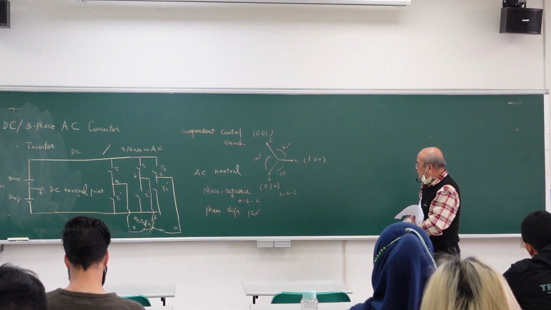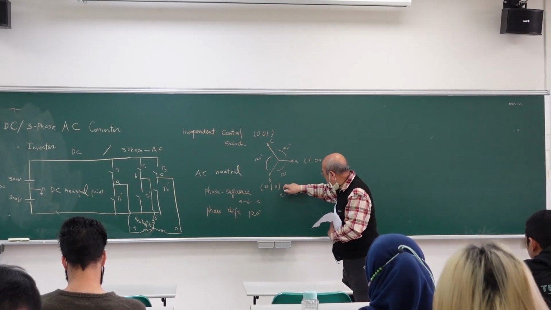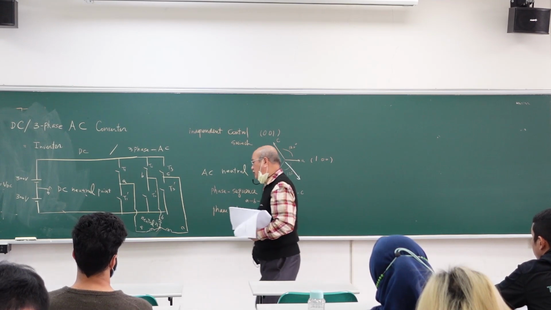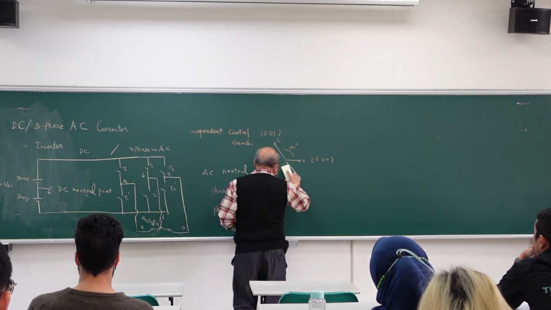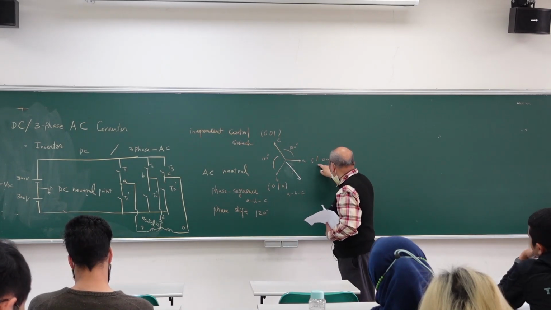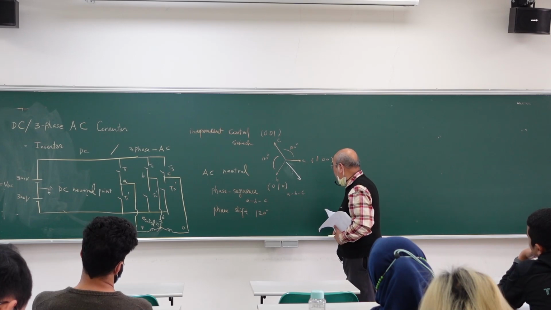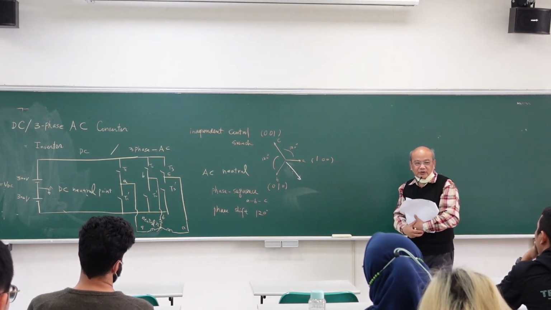So if you see this is 1, 0, 0, this is 0, 1, 0, how about this one? If you have a vector, this is 1, 0, 0, this is 0, 1, 0, how about this one? Which state should you put?